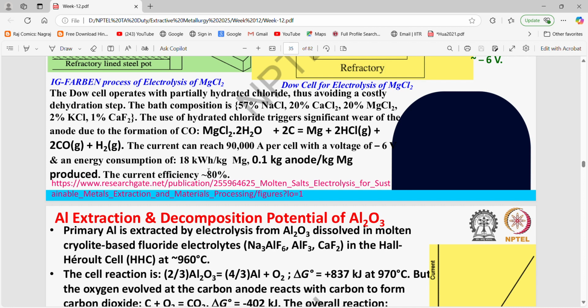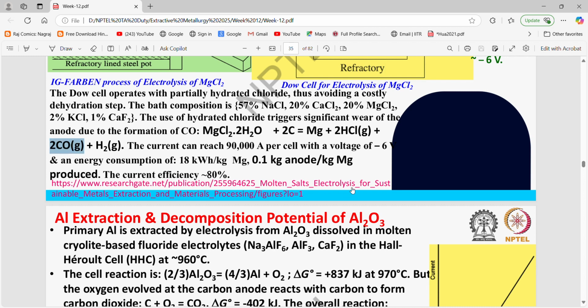The bath composition is around 57% NaCl, 20% CaCl2, and 20% MgCl2, along with a minor part of 2% KCl and 1% calcium fluoride. The use of hydrated chloride triggers significant wear of the anode due to the reaction MgCl2 dot 2H2O plus 2 carbon changing into Mg plus 2 HCl. So highly corrosive HCl gas is formed during the process.